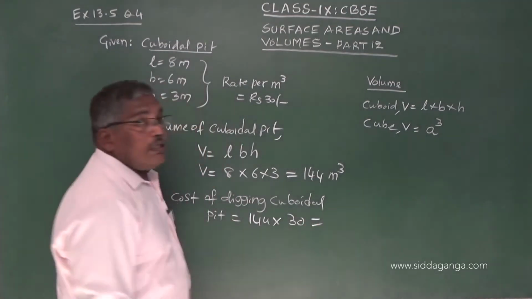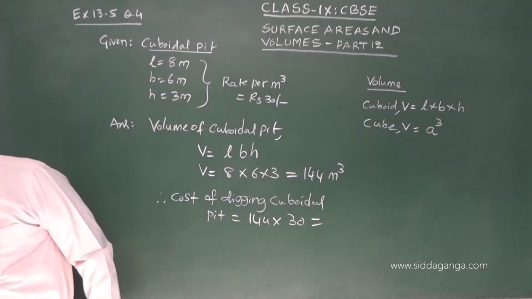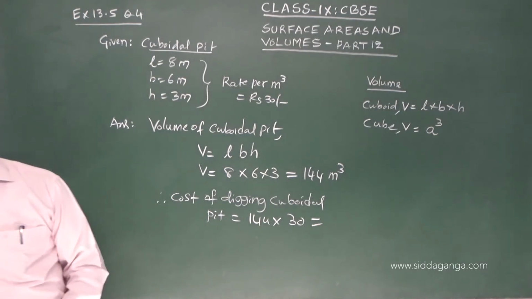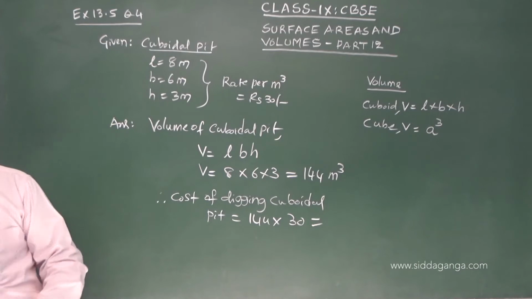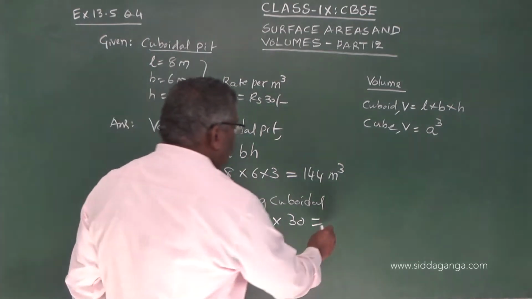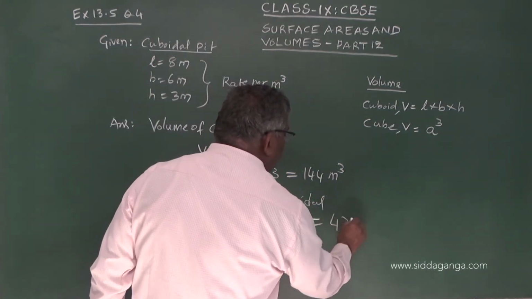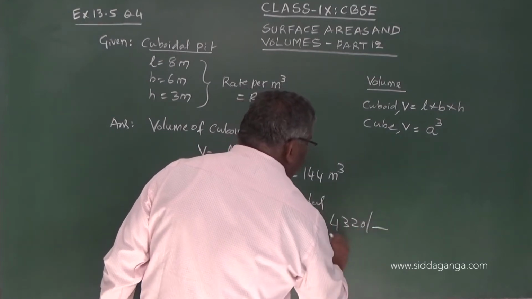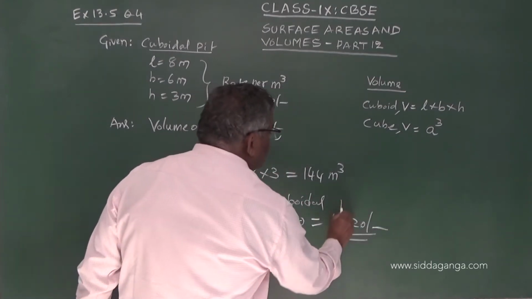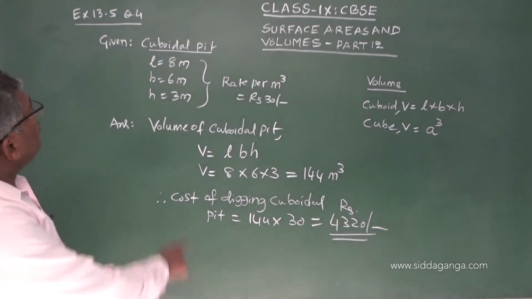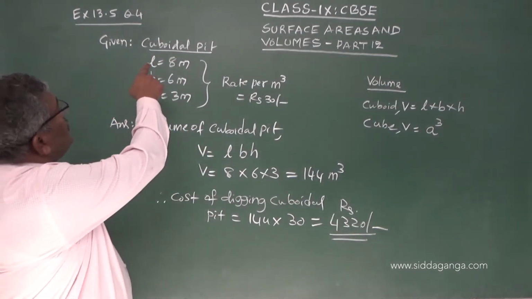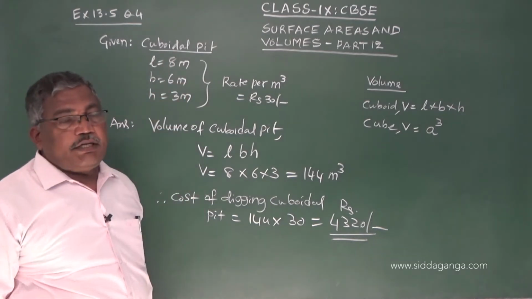So that is the total cost. So you will get 4,320 rupees. So rupees 4,320 is the total cost of excavation of a cuboidal pit.